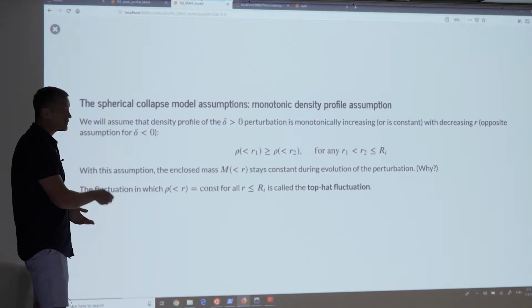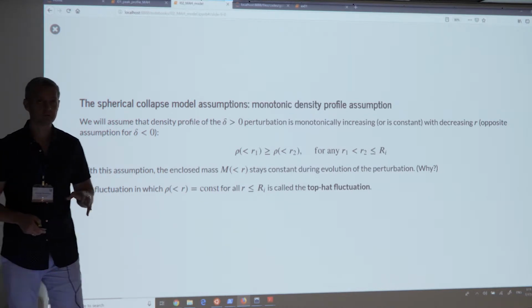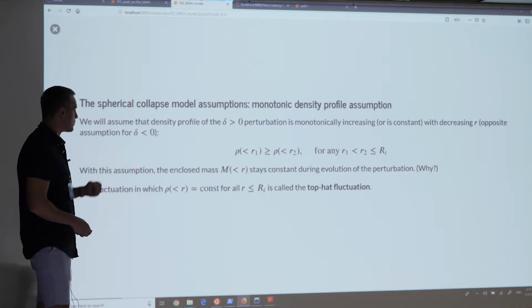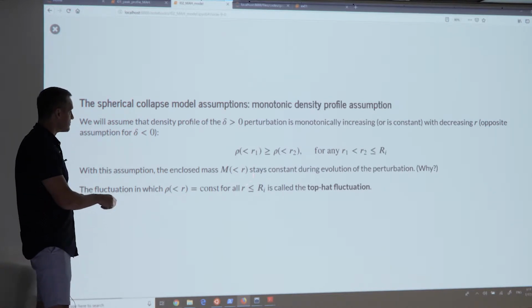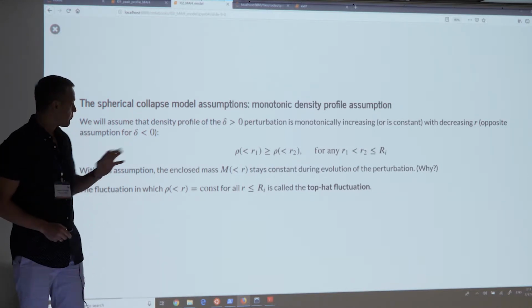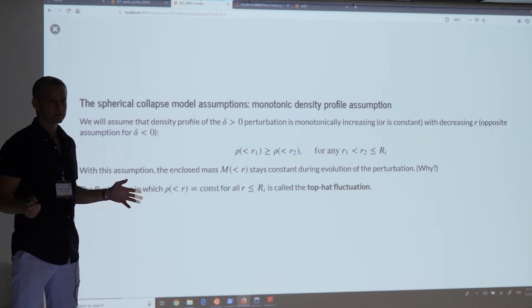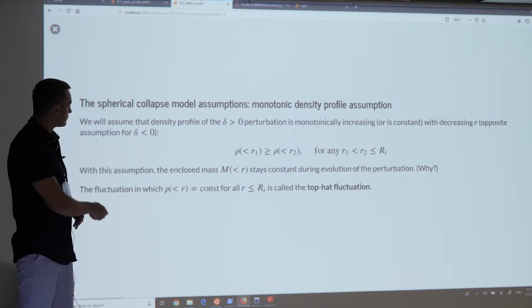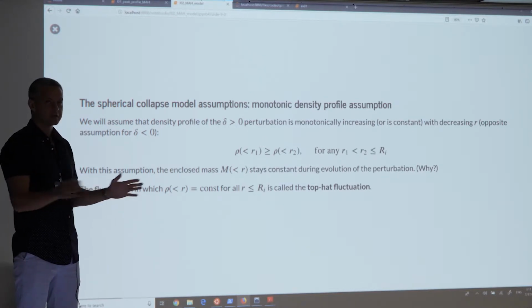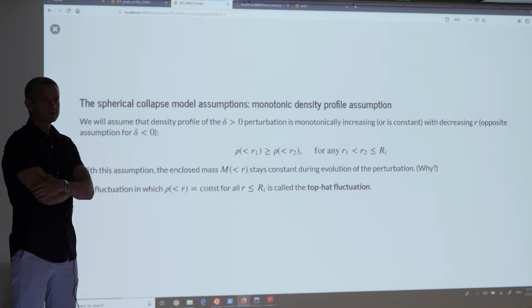As long as this monotonicity assumption is correct, and I can assume this, it simplifies the problem even more, because in this case, the mass enclosed within a given radius can be assumed to stay constant during evolution. And I'll pause here and ask you, why is this so? Why, if I make this assumption, can I assume that the mass within a given radius, and actually any radius, is constant during evolution?